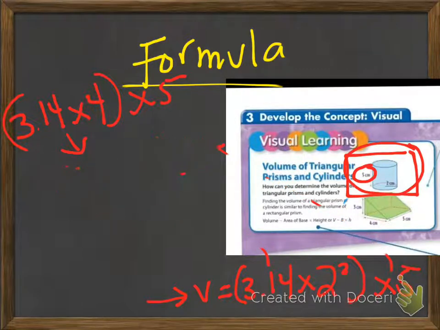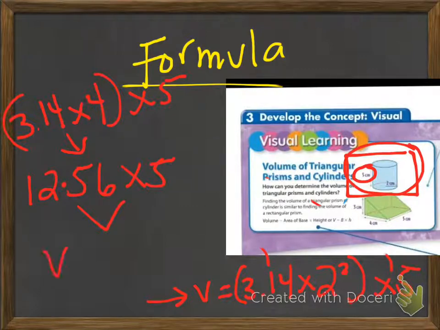So we're going to say 12.56 times the 5. And once you do that, we find that the volume will equal 62.8 cubic centimeters. Remember the 3 stands for cubic, because that's the measurement we need for volume. Okay, so don't worry, we're going to do another example before I set you free to be independent.